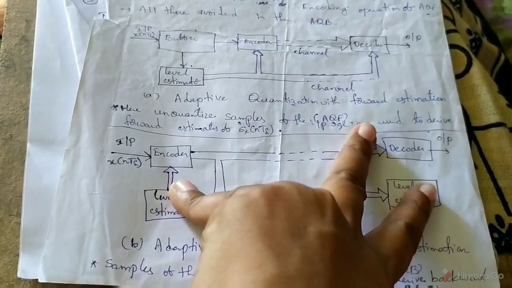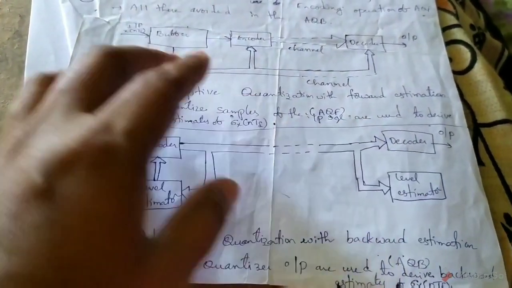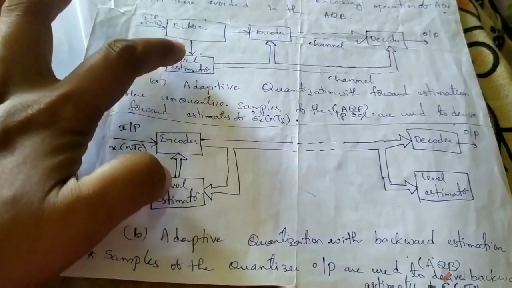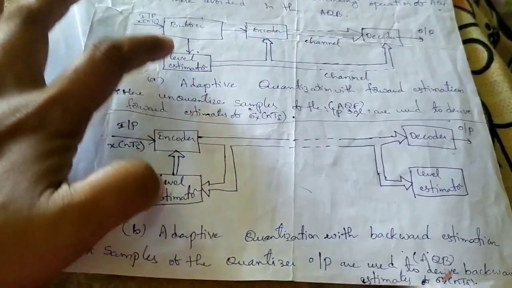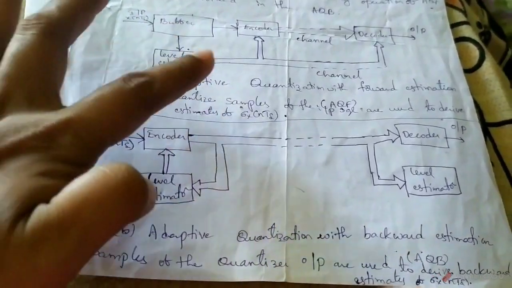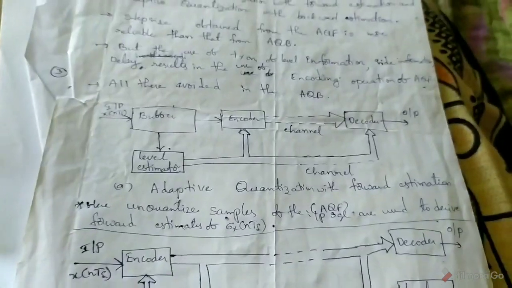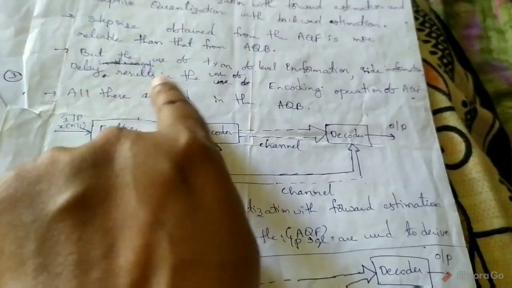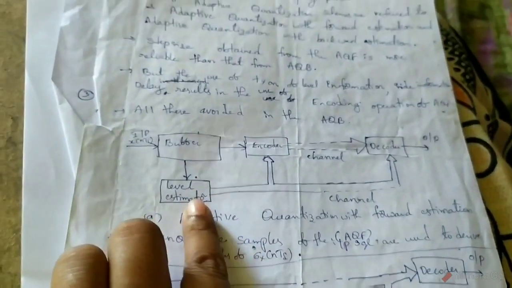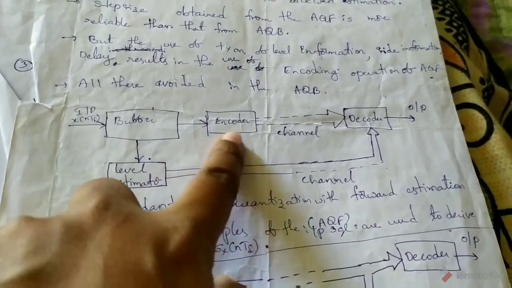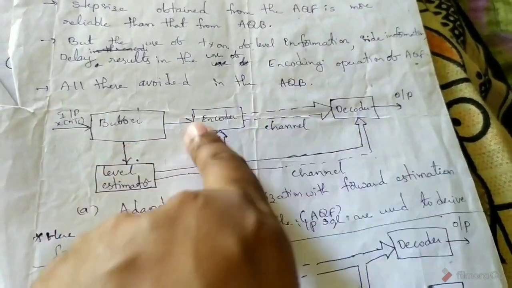If you observe these two diagrams, the level estimator is the same in both; a level estimator, encoder and decoder are used. But the difference is the side information delay and level information. Here, each and every time the level estimator has to give the input to the encoder and decoder.